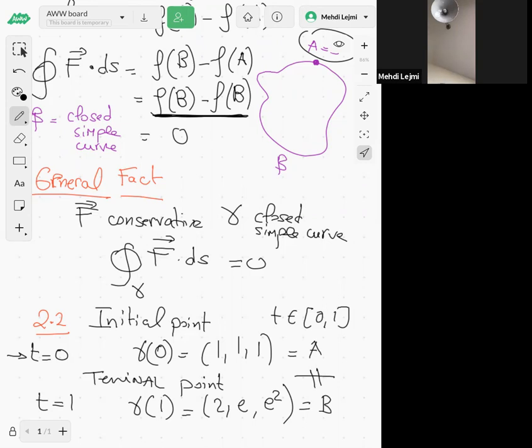But you can still apply this formula: it's going to be F of B minus F of A. F is the scalar potential you found in 2.1, and that's what you have to use here.